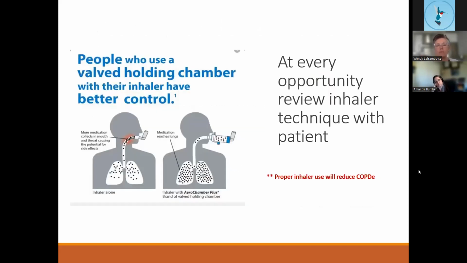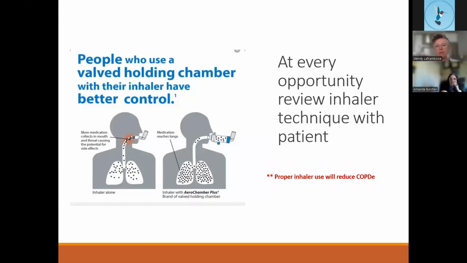And of course, every opportunity you can, please review inhaler technique with your patients. We know the literature says that with proper inhaler use, patients will have fewer COPD exacerbations. We always recommend an AeroChamber spacer with the multi-dose inhaler, and you can see why.